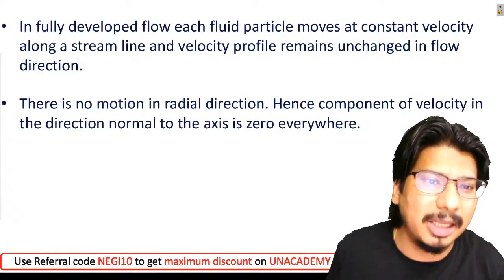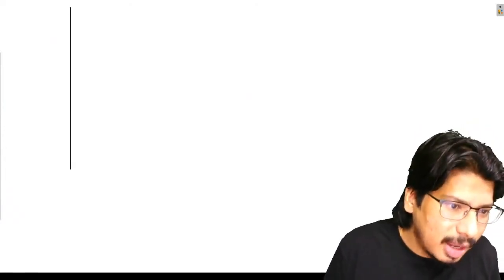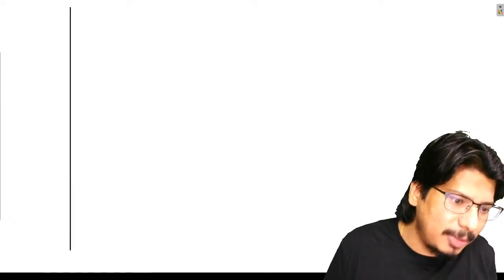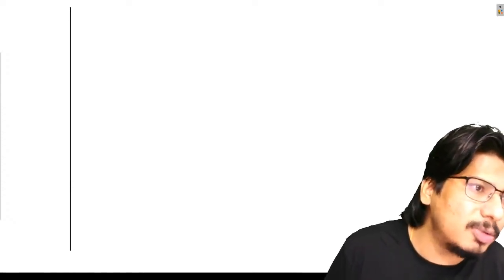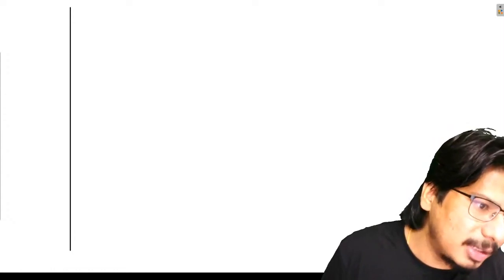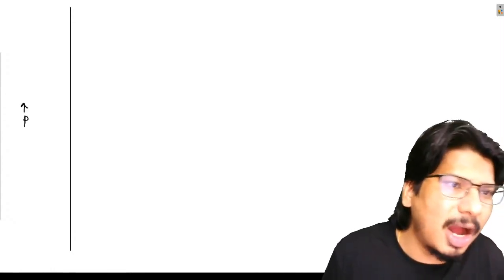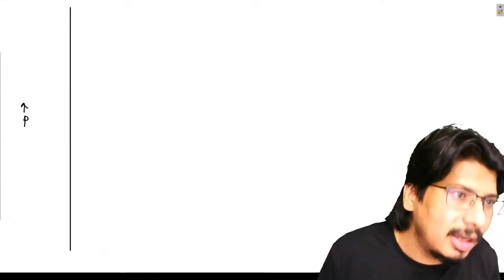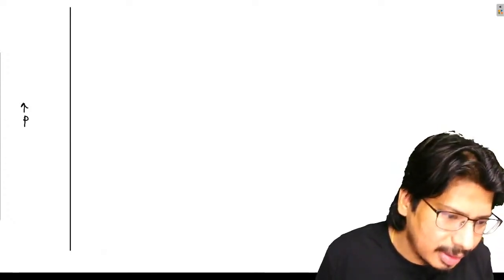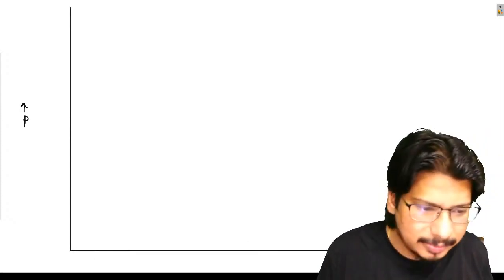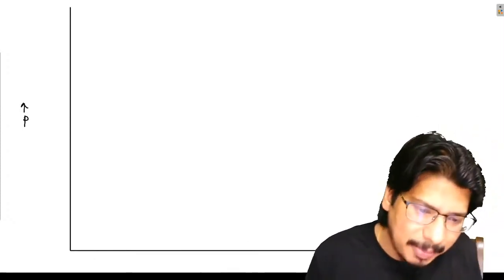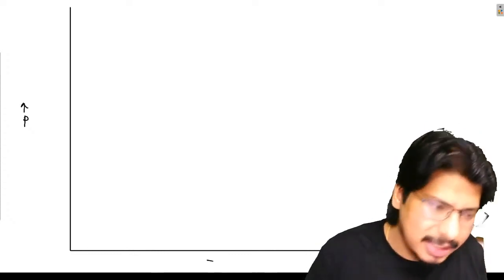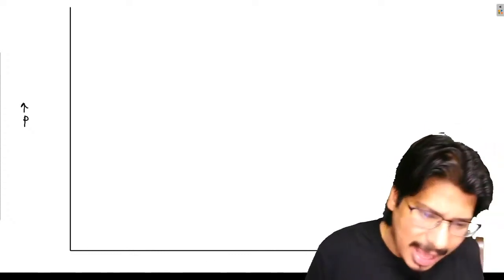Now observe carefully beta, let us suppose on this axis I am keeping pressure, and let me say this is the length of the pipe, the distance in the x direction.